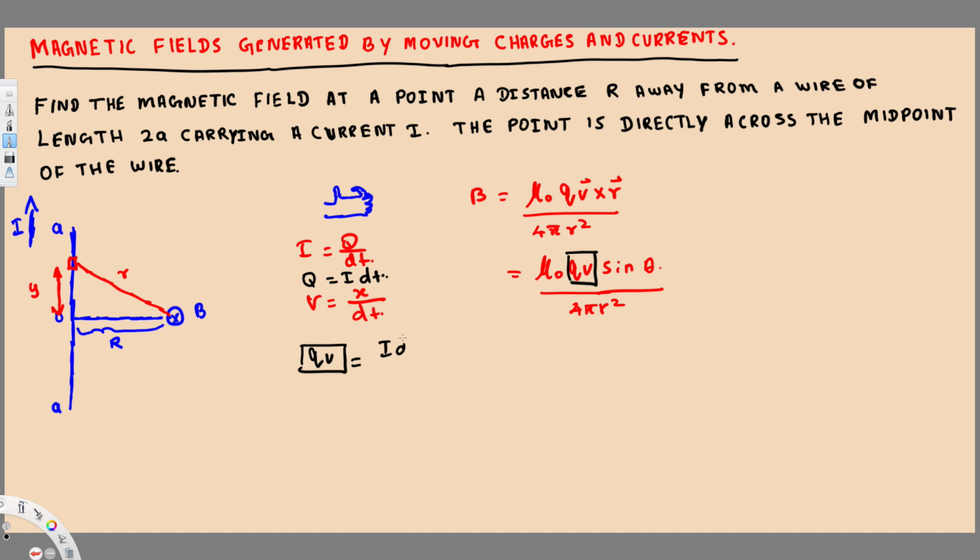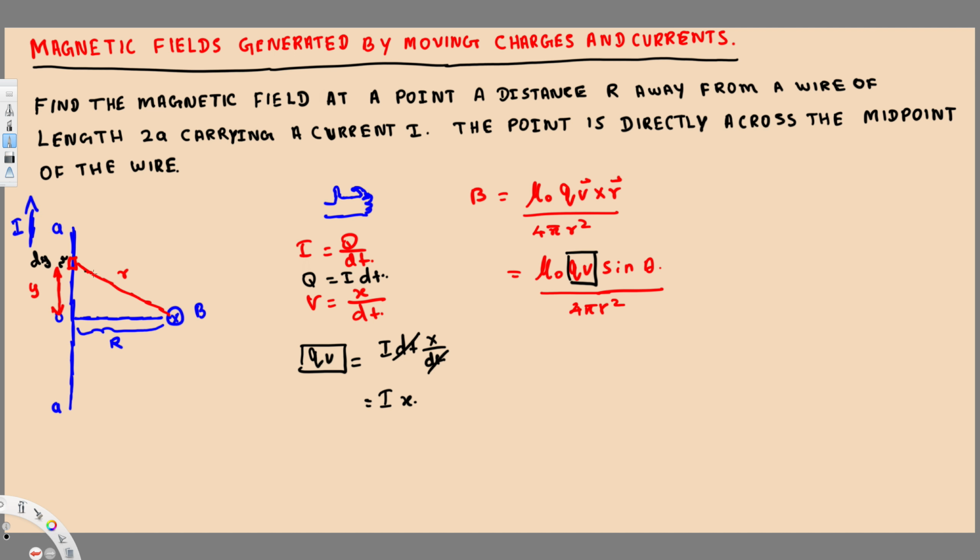I dt times x over dt, and the dt cancels, so we are left with I x, and the x is going to be the length of this segment. If this is dy, this is going to be dy.